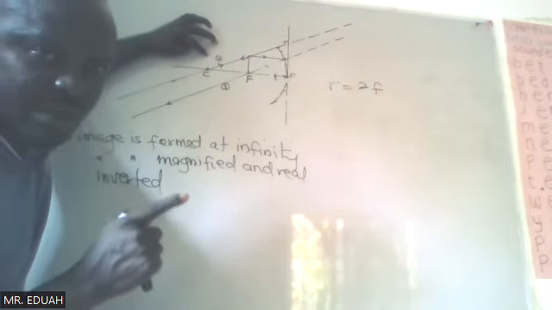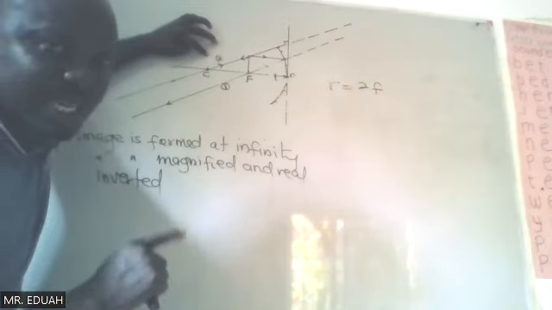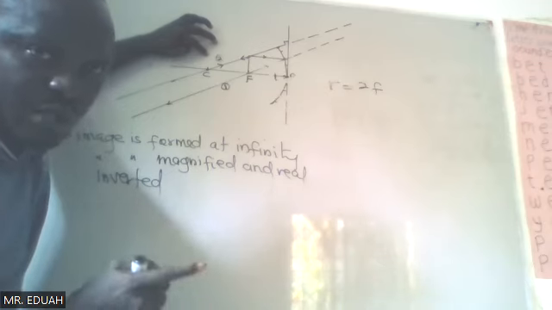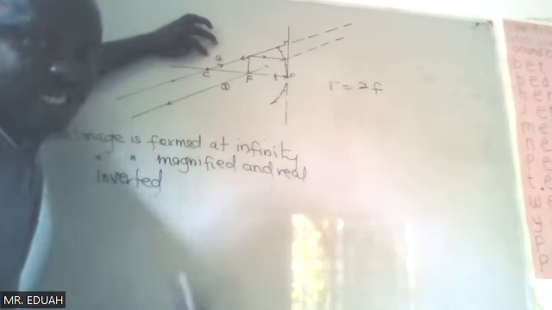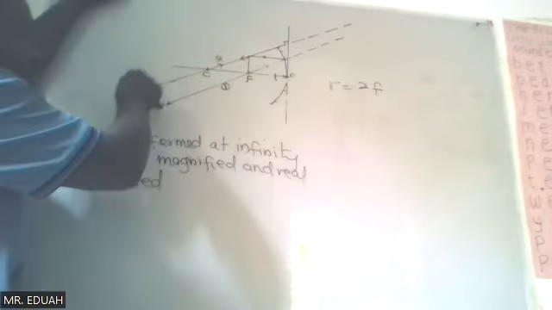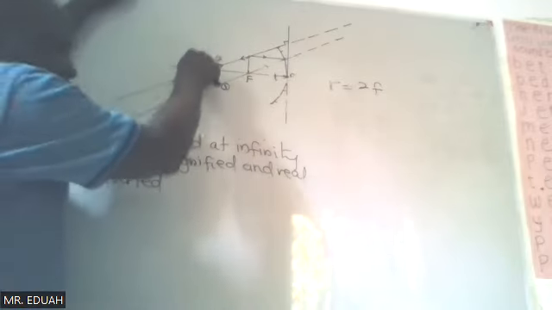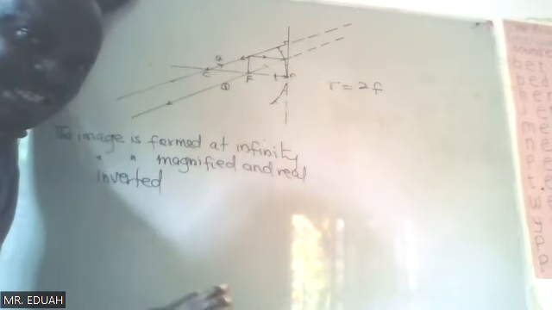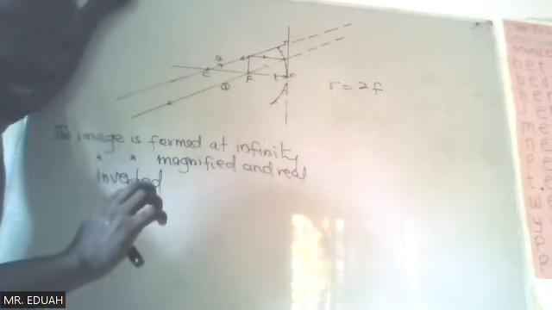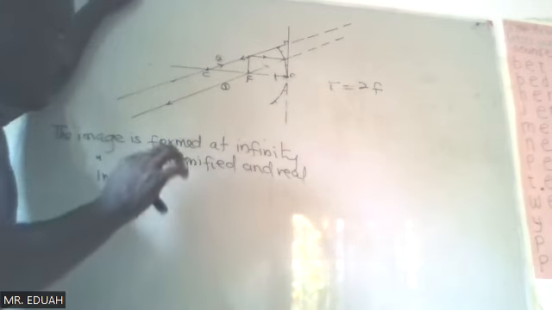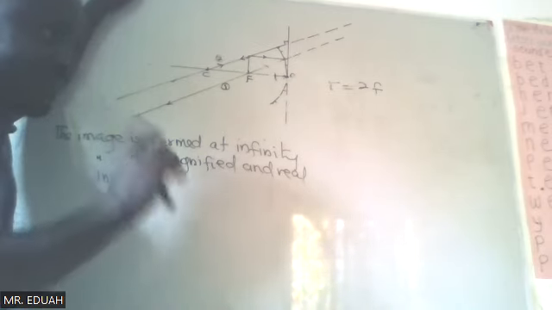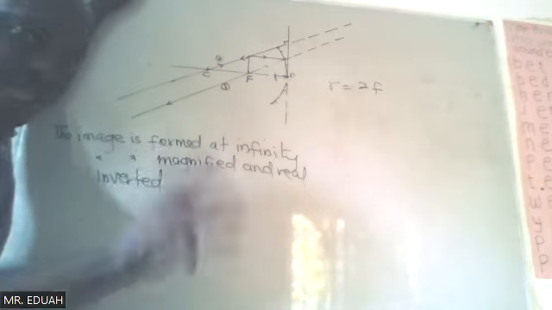So the moment you are told the image is real, then it must be inverted, or when you are told the image is inverted, then it is real. So in between infinity and C, you have real, diminished, smaller in size, and inverted.